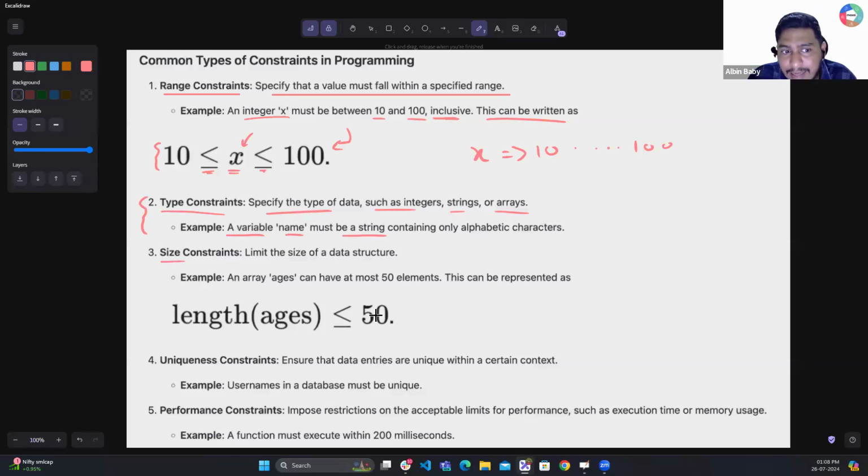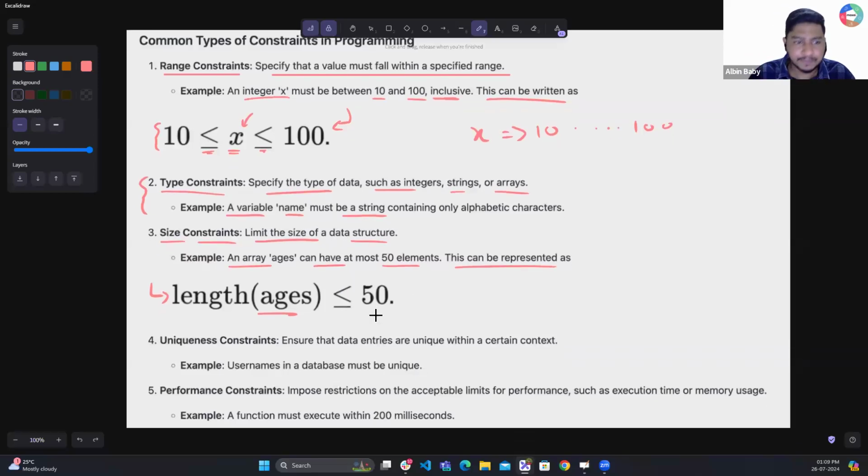The next is size constraints. They limit the size of a data structure. Example, an array ages can have at most 50 elements. This can be represented as length of the ages array <= 50, meaning it will have at max 50 elements.